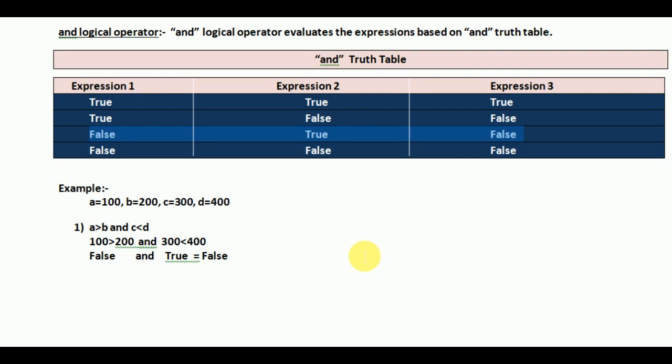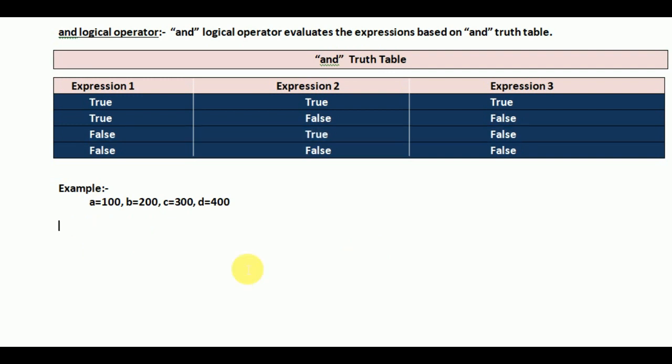If we take a second example, we have a is not equal to b and c is less than d. So a, 100, is not equal to 200, that is true, and 300 is less than 400, that is also true.